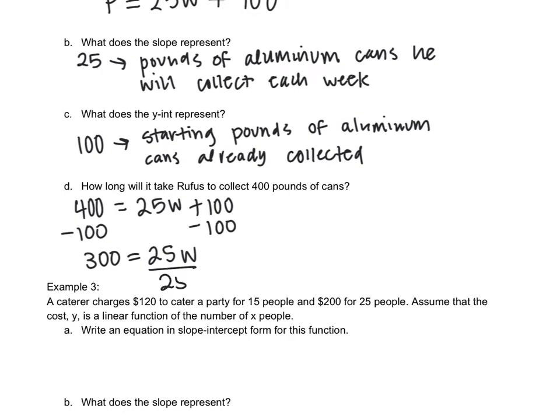Then we divide by 25, and 300 divided by 25 gives us 12 weeks. It's important that when you solve an application problem for a linear equation, your final answer contains units, because it is a word problem.